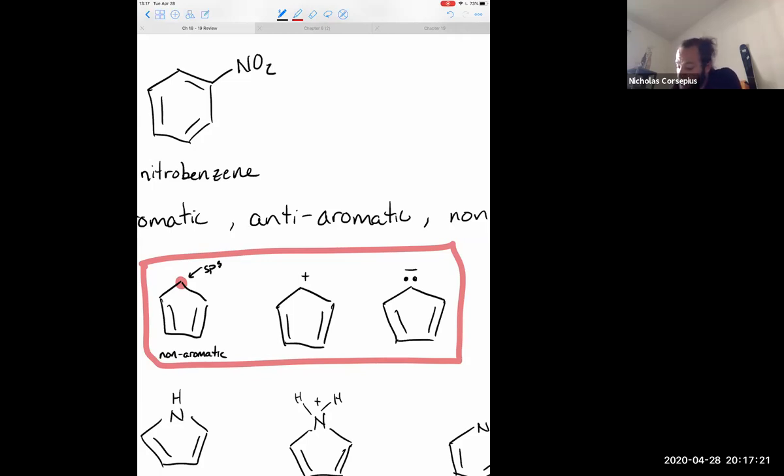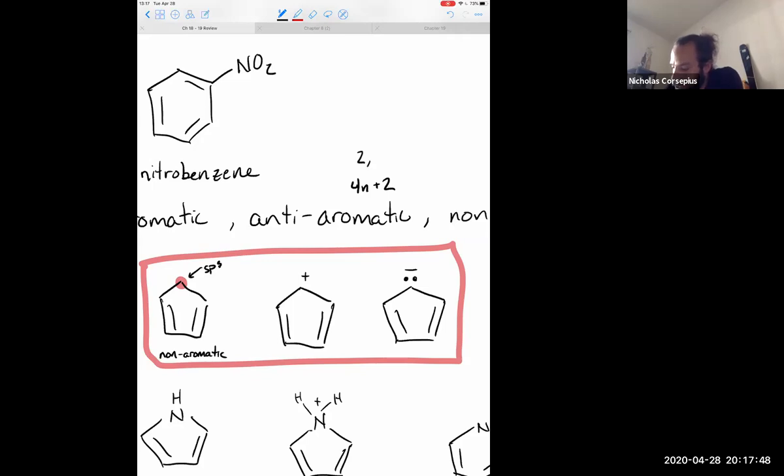Okay. So now the other key rule, so that sort of differentiates our non-aromatic compounds. They don't have that network of p orbitals. So now aromatic versus anti-aromatic. This has to do with this 4n plus 2 rule, okay? Remember, this is just a shorthand of representing a series of numbers.